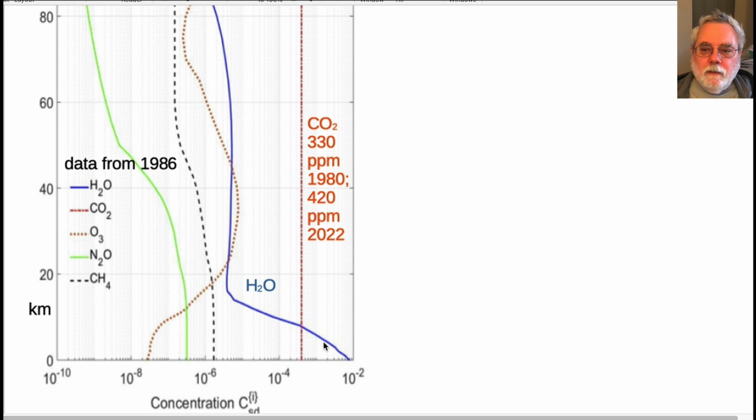The blue curve is for water vapor. Average concentration at the bottom of the atmosphere, lower right, is a little less than 1%, much smaller than nitrogen and oxygen, not shown here. The fractional concentration of water vapor falls by a factor of about 3,500 from bottom to top of the atmosphere.